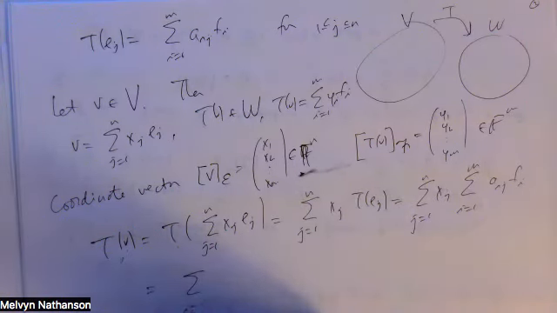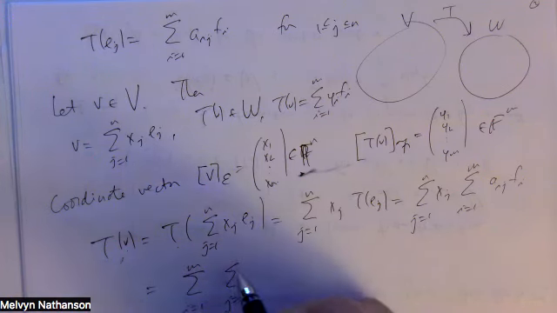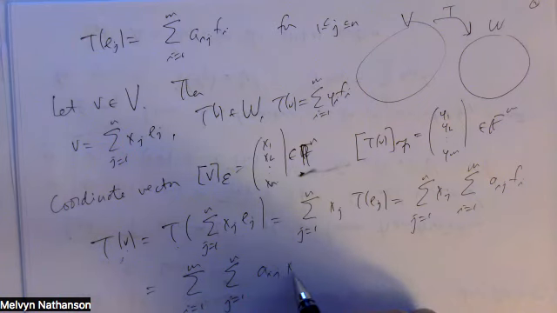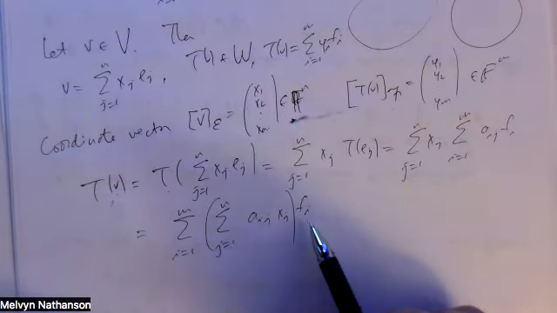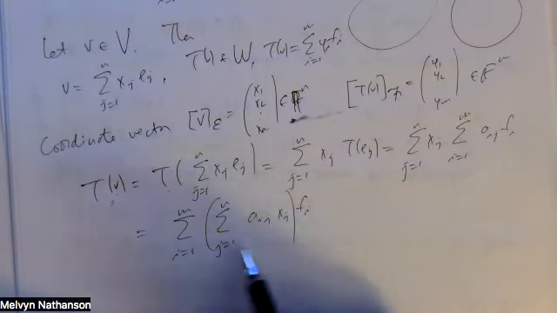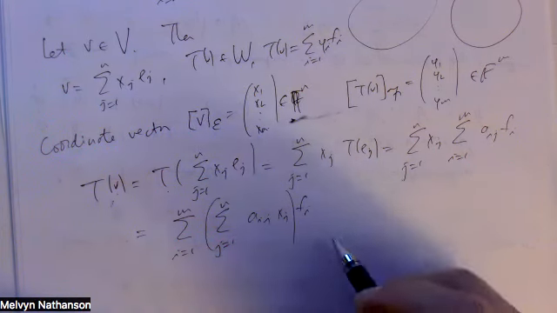This is summation i goes from 1 up to m, summation j goes from 1 to n, aij, x sub j, f sub i. So here I've written T of v as a linear combination of the f's, and these are the coordinates.